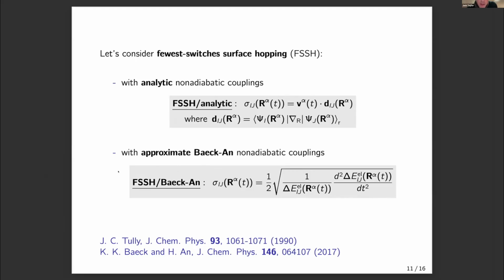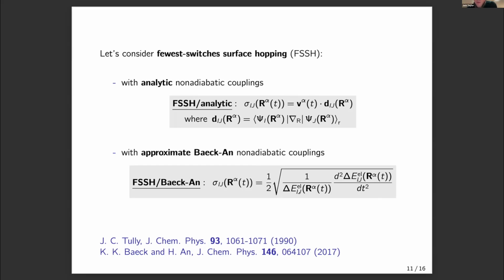And I suppose the motivation to look at Baeckan couplings is because there have been a number of papers that have benchmarked their performance, but their use is when, firstly, you're using an electronic structure method that can't give you formal non-adiabatic coupling vectors because there is no formal wave function.